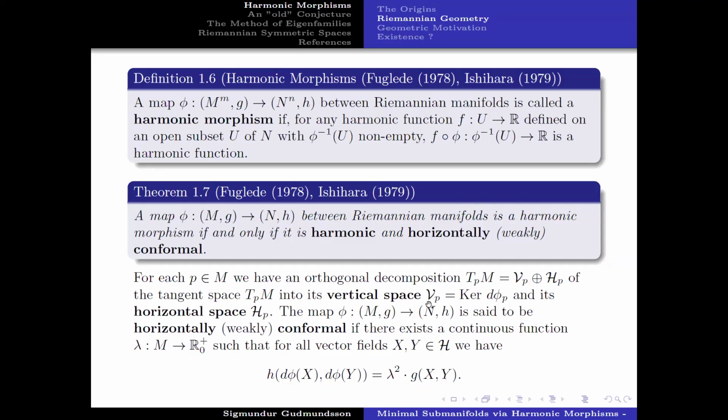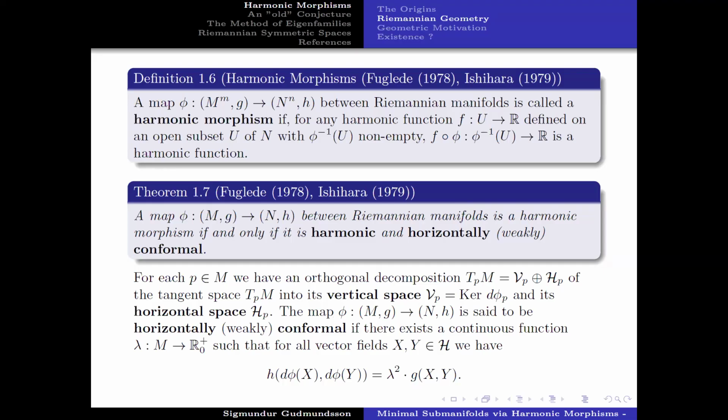And then we all know what harmonic maps are, and what conformal maps are, but this now only applies to those in the horizontal space. So this is exactly what Jacobi did in the other case. So it's the same, yeah.